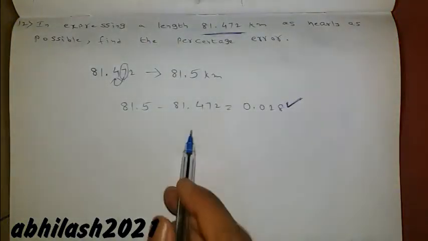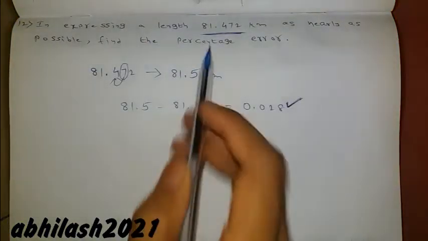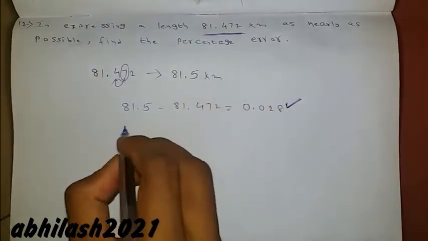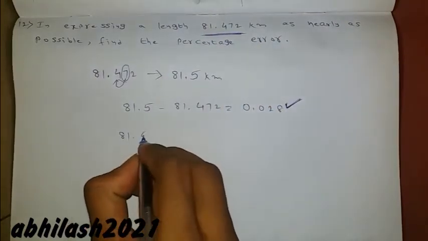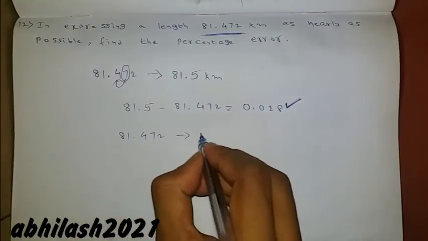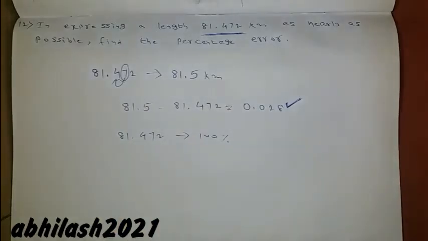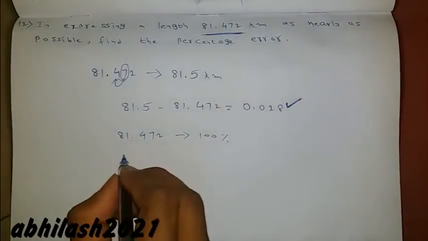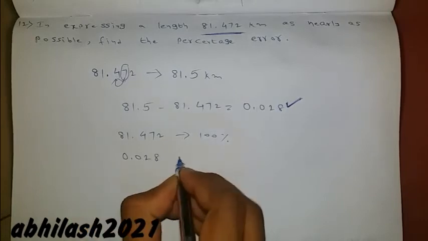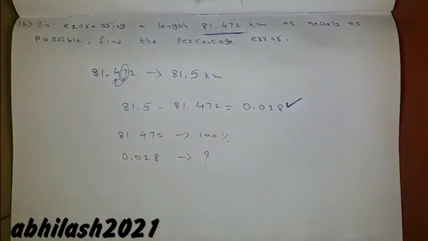So to find out the percentage error, they gave it as 81.472. So that 81.472 is nothing but 100%. Now we got some error, that is 0.028. It is how much percentage?